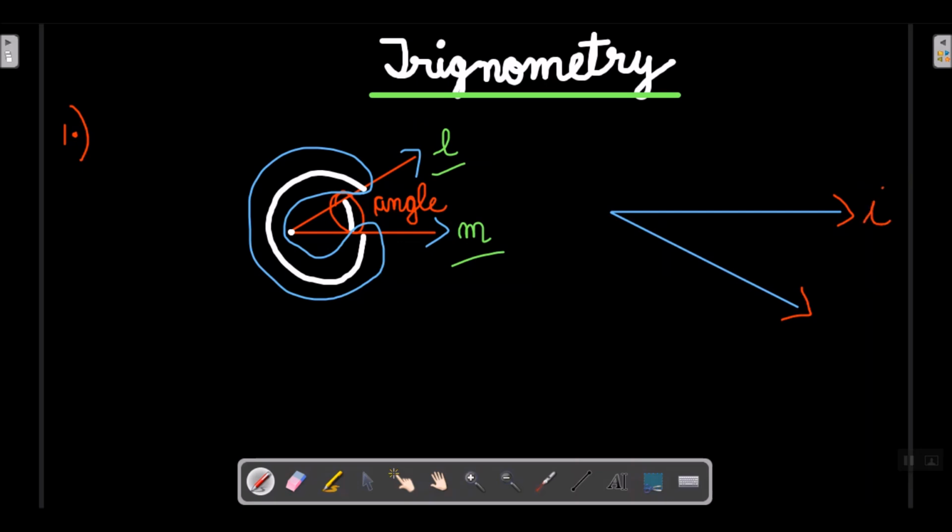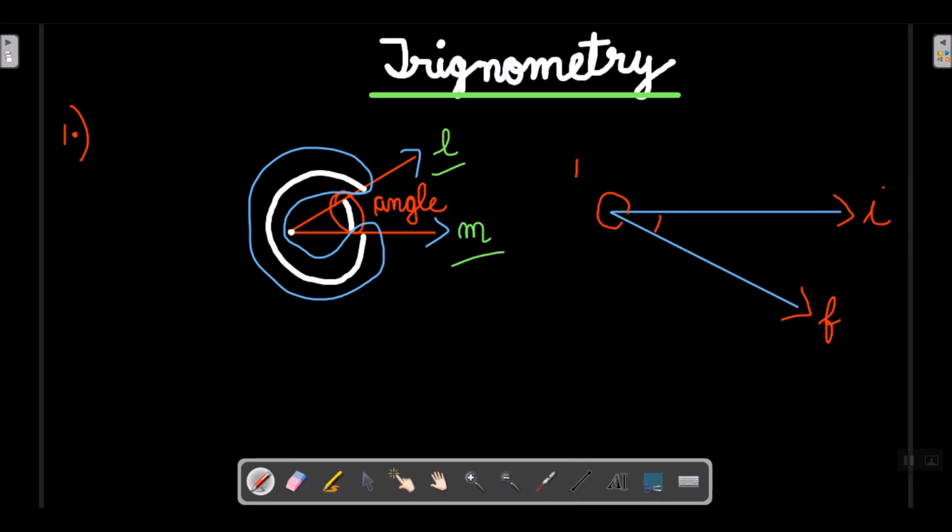So initial, final. Okay, so it looks like it has covered this much negative angle as initial, final, but there are chances that this is the final, this is the initial, but it has covered this much of angle. So let me do it in a more specified way. This much of angle instead of just this much.